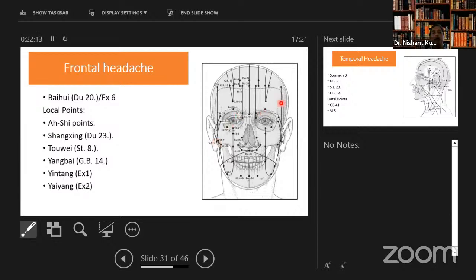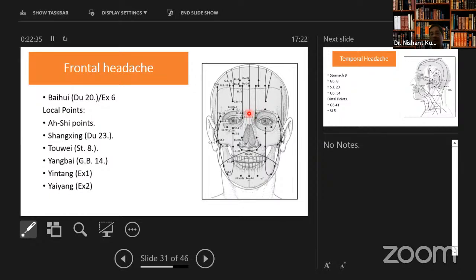So frontal headache. So this is the frontal area. So the points here will be DU23, stomach 8, GB14, okay, and extra meridian point 1 is this, just at the glabella.